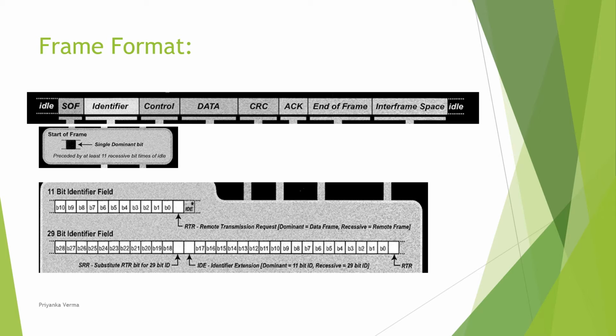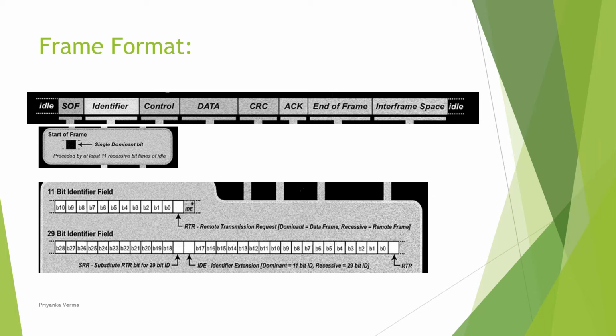Dominant bit in case of CAN, as I told you earlier, is 0. Then comes the identifier. Now there can be two types of identifier, 11-bit and 29-bit. If the IDE bit is set to dominant, which is 0, then it is an 11-bit identifier. Else, if the IDE bit is set to 1, that is recessive, then a 29-bit identifier is used.